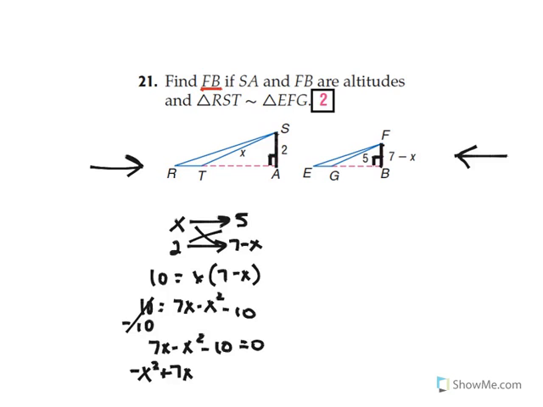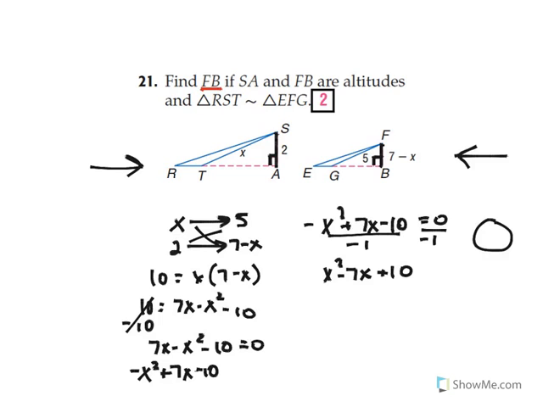So I'm going to reorganize my terms, and I will get negative x squared plus 7x minus 10. I'm going to divide the whole thing by negative 1 to get rid of that negative x squared. Divide both sides by negative 1, and I get x squared minus 7x plus 10.